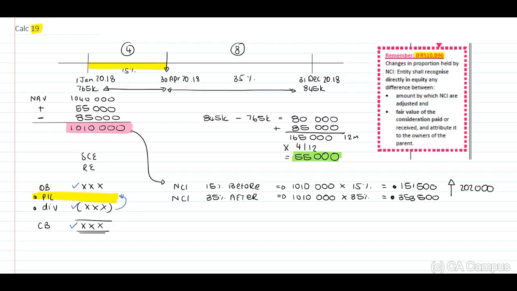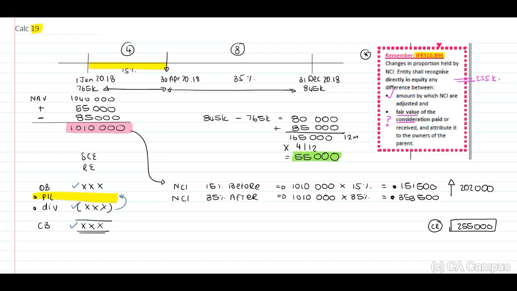Therefore, when you look at paragraph 96, we have now completed the first bullet point. The fair value of the consideration received, we don't know this, but we do know that we have our 255,000. Therefore, if we now include the 255,000, guys, look at this and ensure that you understand this. This is a credit.